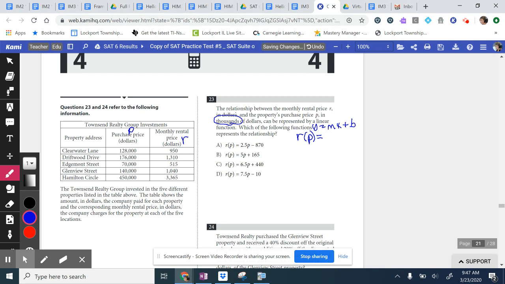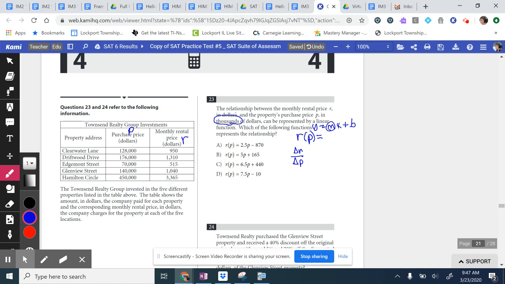So what we need to figure out for this relationship between R and P is what is the slope, the change in the rent, given the change in the price. That's going to give us our slope. And then what would be our y-intercept if it comes to that.